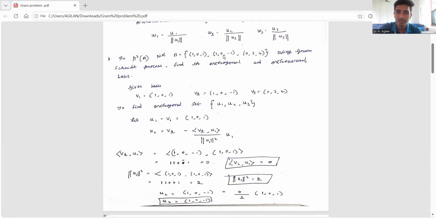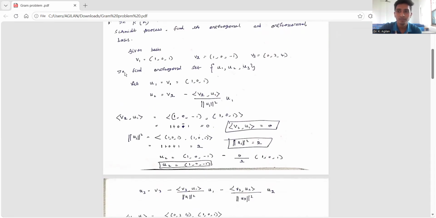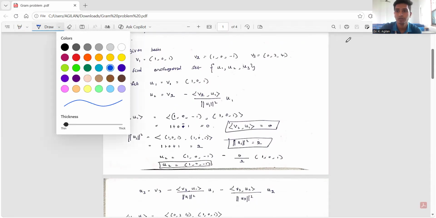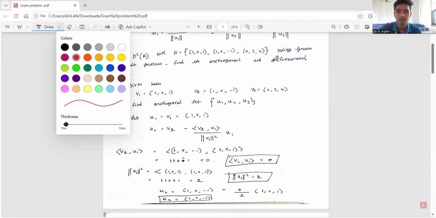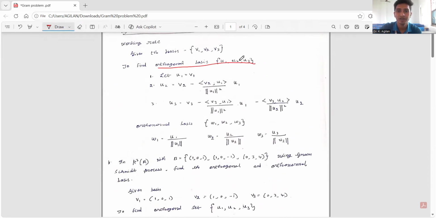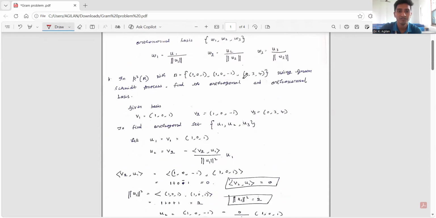So to find the orthogonal set and W1, W2 and W3, we need to find U1, U2 and U3. Similarly, find the orthonormal basis W1, W2 and W3.